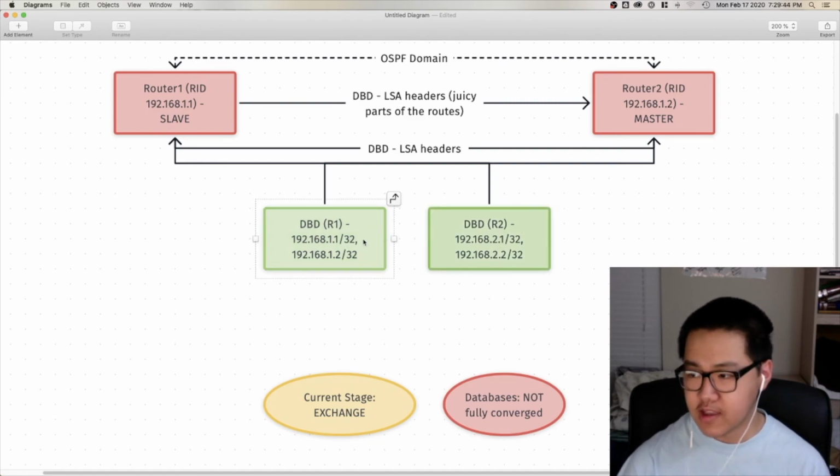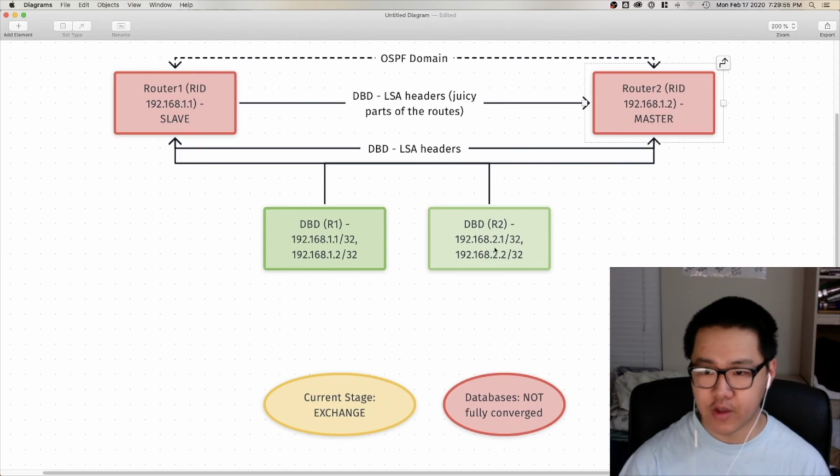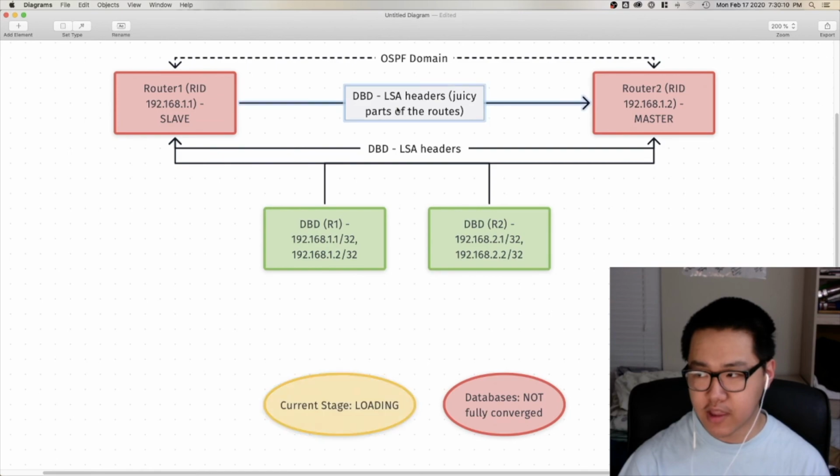Anyway, they can see now in the database descriptors, oh, I don't have 192.168.1.1, and I don't have 192.168.1.2. That's router 2. And router 1 can see, oh, I don't have 2.1, and I don't have 2.2. So now that they know that they've finished exchanging DBDs, and there's a flag that's set in the DBD for routers to know that they're finished exchanging, now they're in loading.